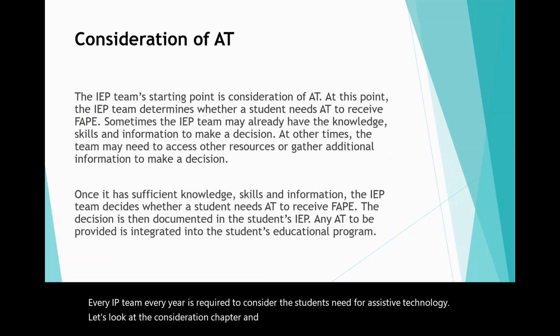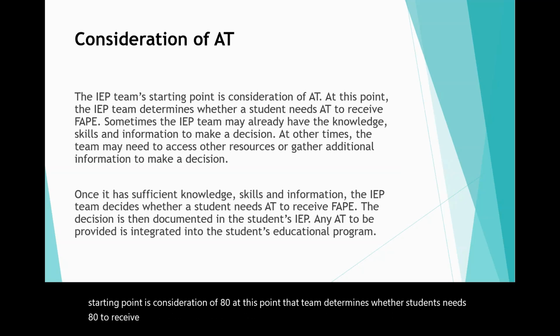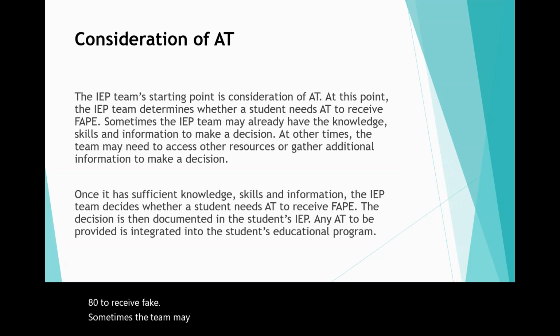And this is the introduction in that chapter. The IEP team's starting point is consideration of AT. At this point, the team determines whether a student needs AT to receive FAPE. Sometimes the team may already have the knowledge and skills and information to make a decision.